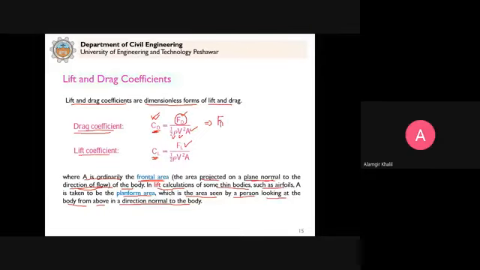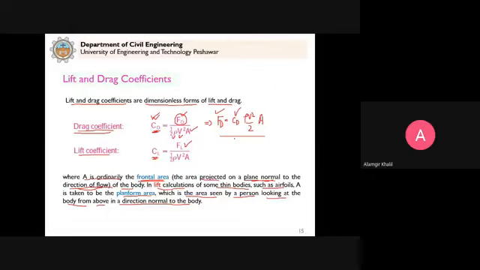That this FD will be equal to CD into rho V square by 2 into area A. We can conveniently use these expressions in order to calculate the drag forces, provided the drag coefficient is known to us.